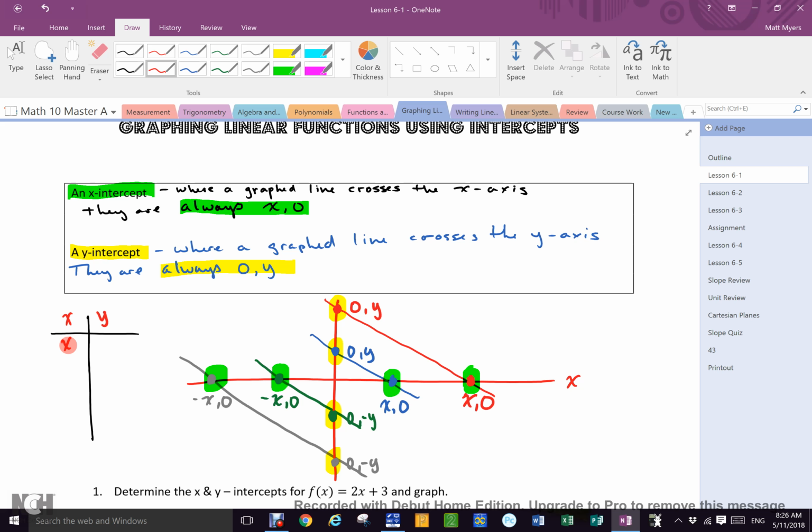I've highlighted on this page what every single x-intercept is. There's no commas anymore. I'm on the table of values. What number am I writing there? 0. What do I write for the y-intercept? 0, y. Does everyone understand this?